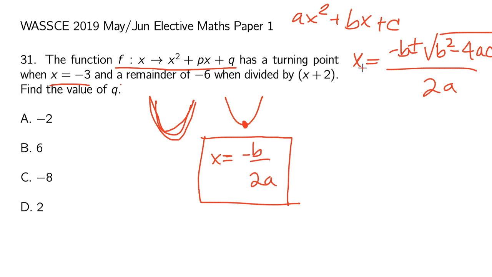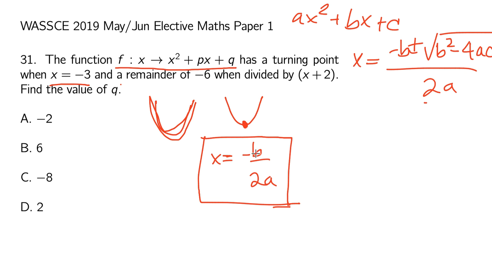What this tells us is that x has two solutions. One of them has plus, and then one of them has minus. If you add those two solutions together, you're going to find that you will get minus b over a. And to find the average of the two solutions, you get minus b over 2a. So that's how we get this.